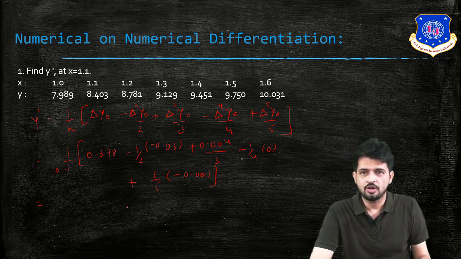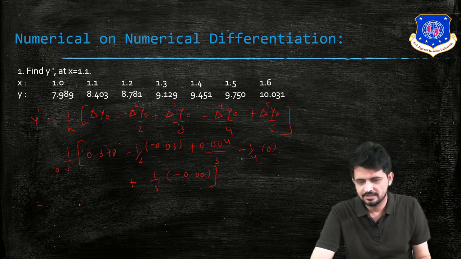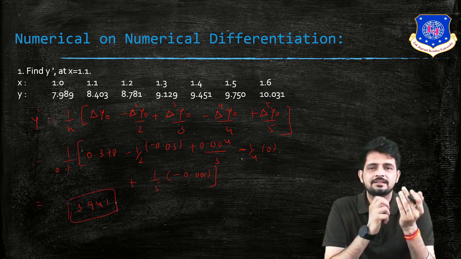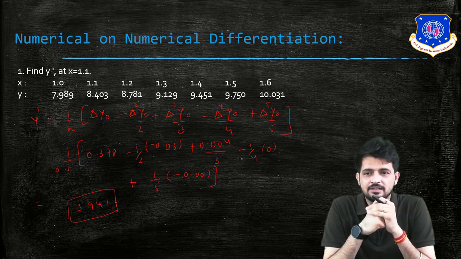By solving this you can get the answer, and my answer will be 3.941 up to 3 decimal places. So in this way you can find the answer in the numerical.